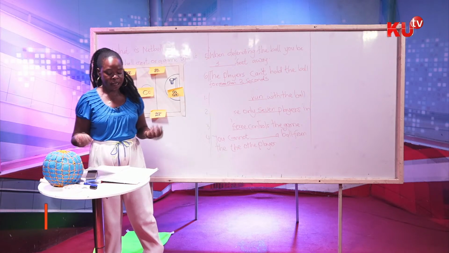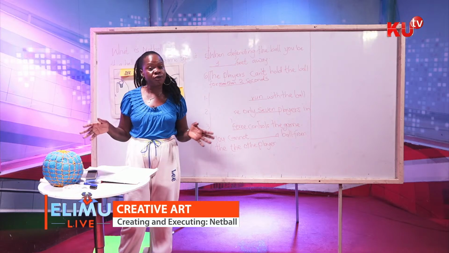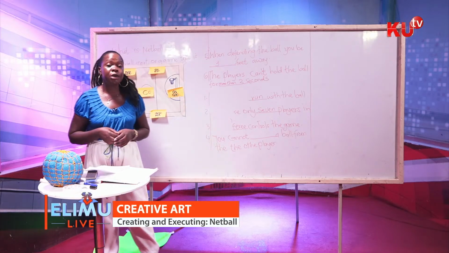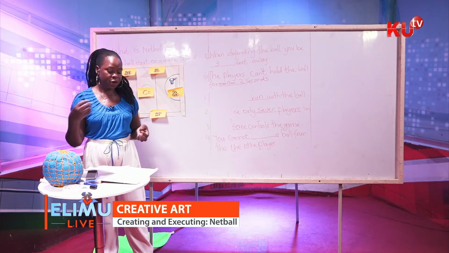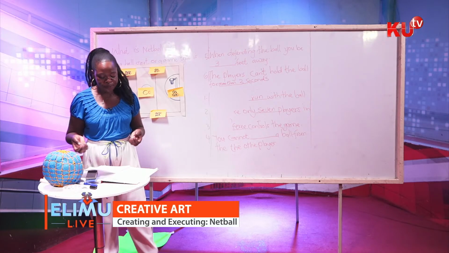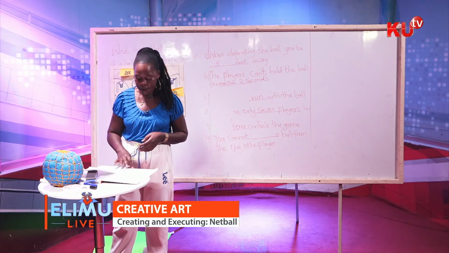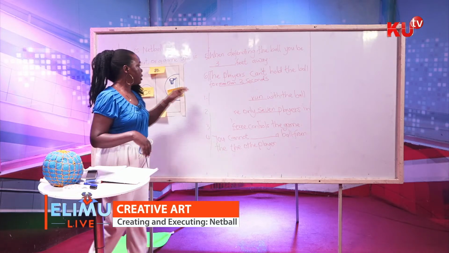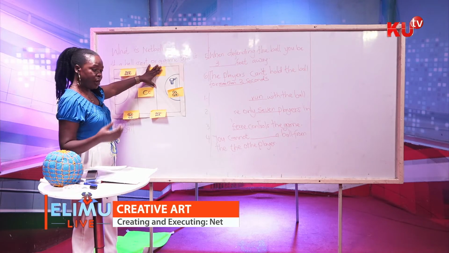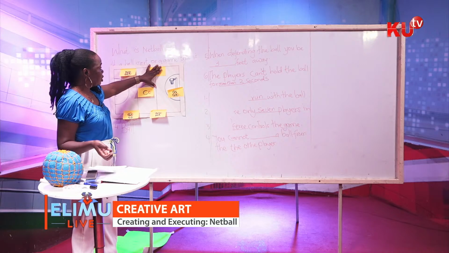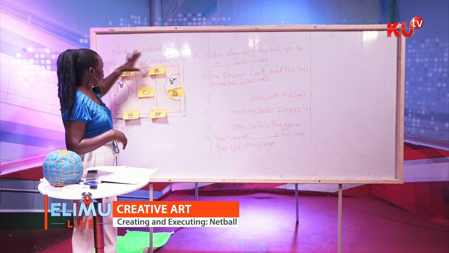And then I also said that we play netball for enjoyment, for entertainment, to keep fit, and also to pass the ball around and score more goals than the opposing team. All right? I also talked about the netball court. I said for us to play netball, we need a ball, we need a netball court, okay? And this is the netball court.